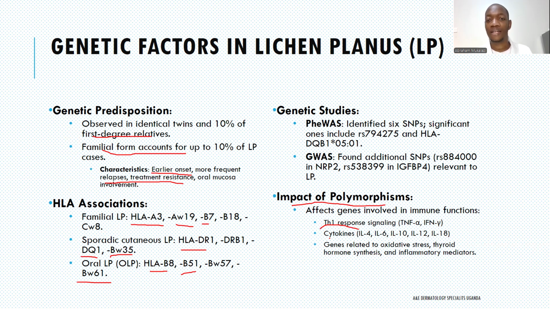Because of that, a particular group is at risk of developing lichen planus because of their genetic makeup. This also extends to the cytokines and to other genes related to oxidative stress, thyroid hormone synthesis, and inflammatory mediators. So that is the link we currently have between lichen planus and the genetic aspect of the individual.